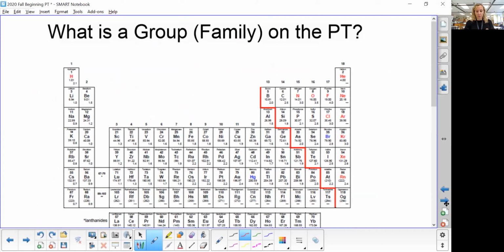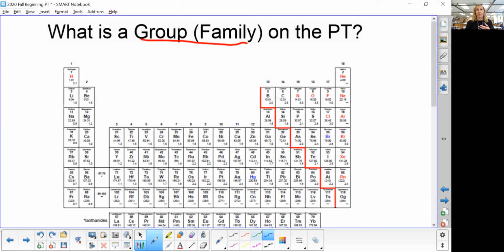So what is a group or a family on the periodic table? When you think of a group, an organization or a family unit, you tend to think of things like a running group, people who like to run, or the soccer team, people who like to play soccer. My mom's in a quilting group because she likes to quilt with other people.